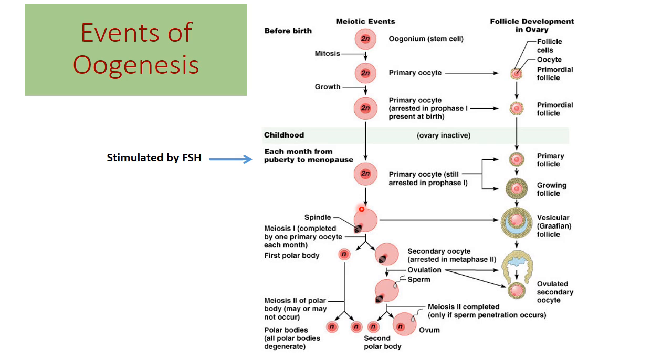So this is what occurs each month, the stage of ovulation. This ovulated secondary oocyte will be collected by the fimbriae of the fallopian tubes and brought into the uterine tube.